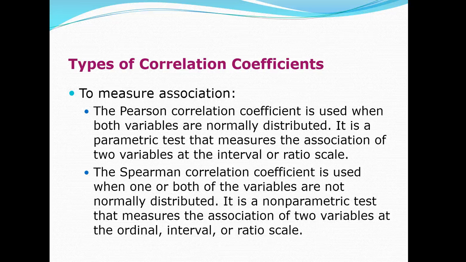What you will see in a lot of publications in social sciences that use the Likert type scale, if they're interested whether an independent variable is associated with another variable, and they are using the Likert type scale, and we know that that's ordinal, which means that both the researcher and the respondents are not exactly sure about the distance between the values in the scale. So that's ordinal, and so we would expect that the researcher would use the Spearman correlation statistics if they are using the Likert type scale questionnaires.